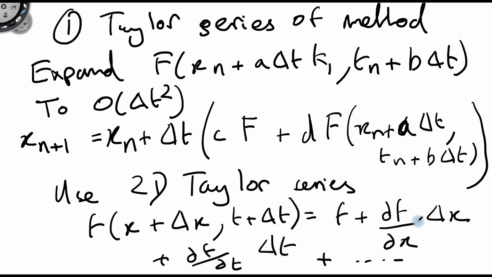Actually, it turns out we're only going to need this first order expansion of f, because we've got another delta t here, so it's going to be order delta t squared when we multiply it through. But the point is that you have the partial f by dx for the variation in x, and the partial f by dt for the variation in t.